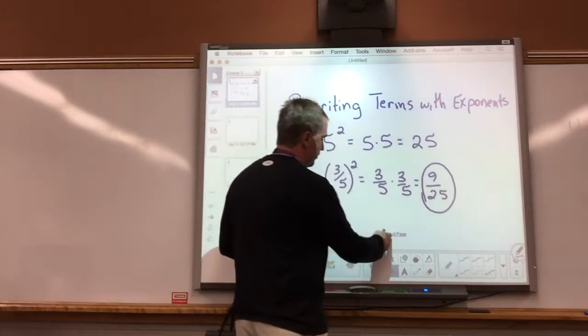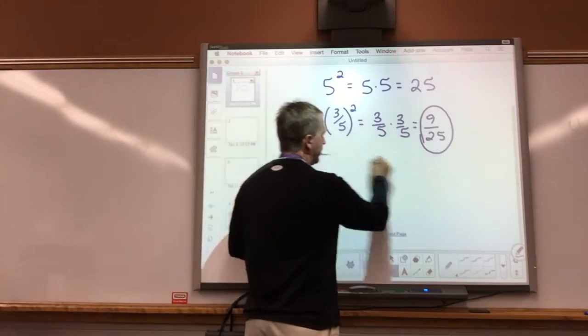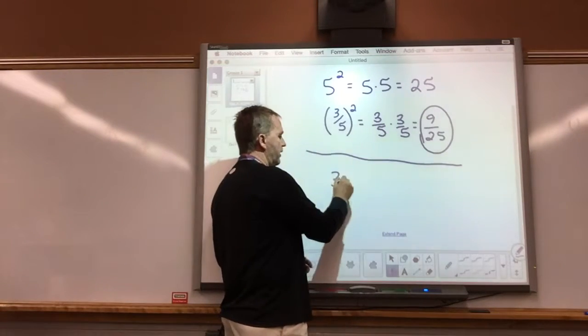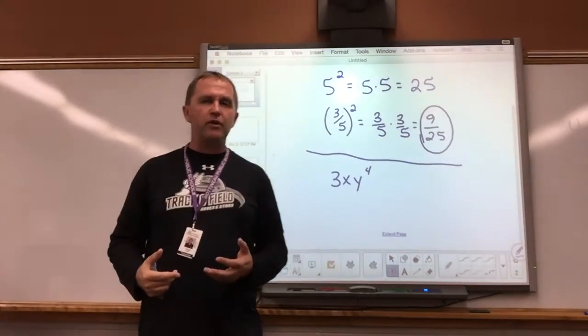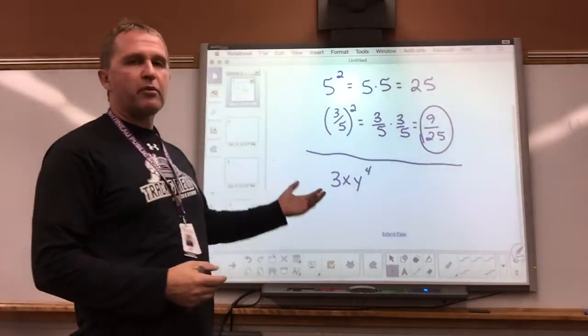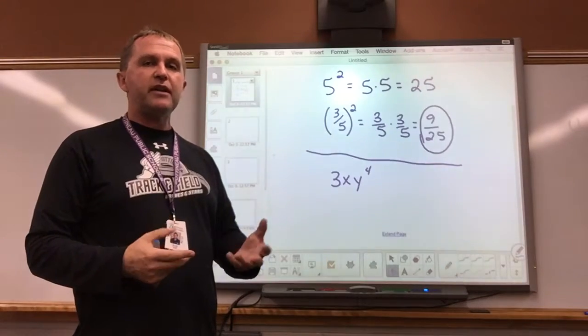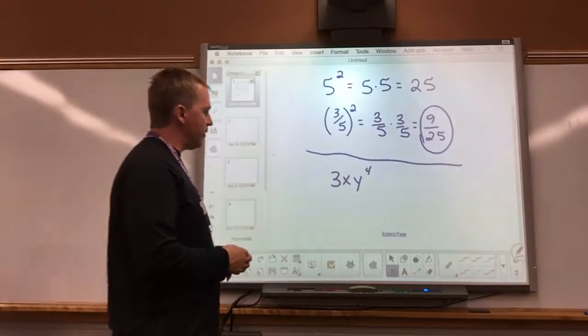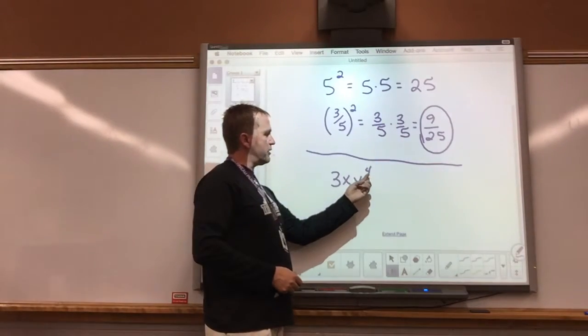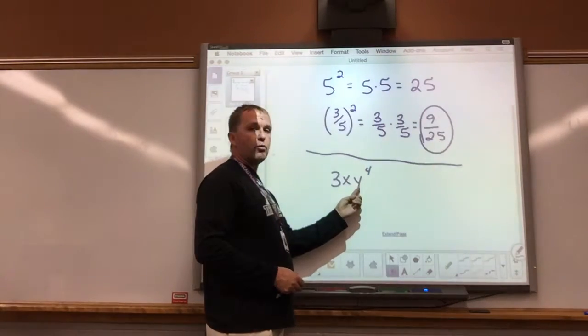Now let's progress and let's throw some x's in there. If I give you something like 3xy to the 4th, and I ask you, what does that really mean? Now that might be the simplest form of our answer, but what is that in terms of the numbers and letters that are in there that are actually being multiplied? Well, we need to remind ourselves that the 4 is only on the y.